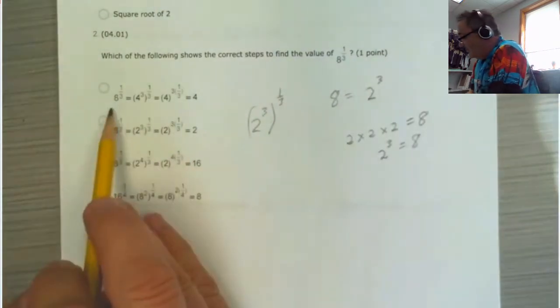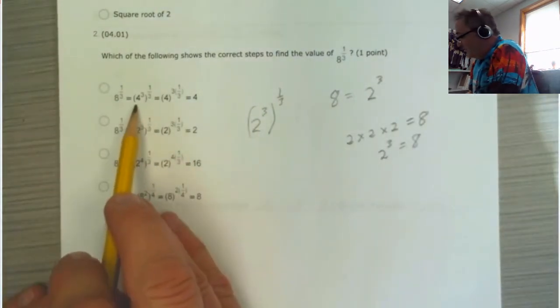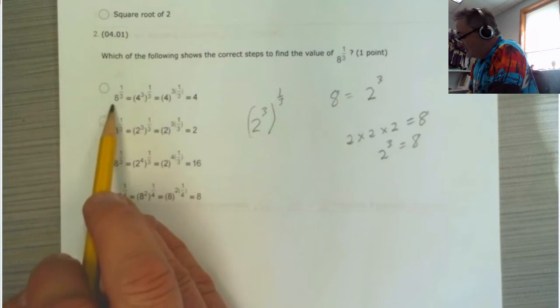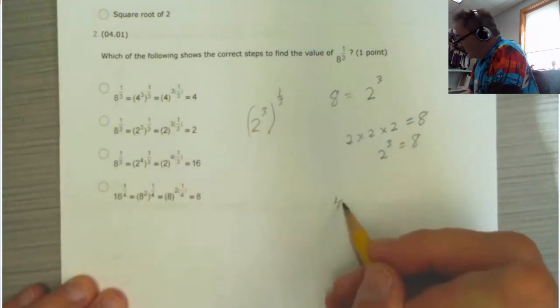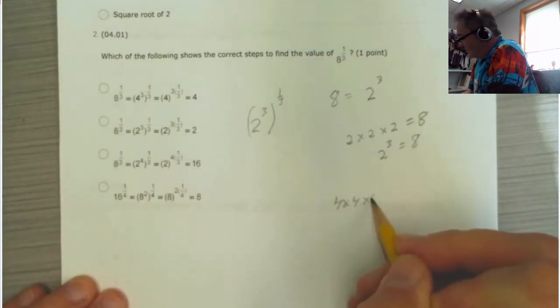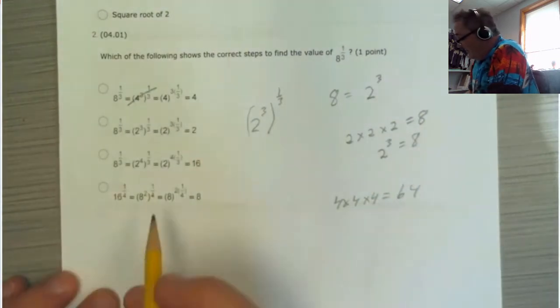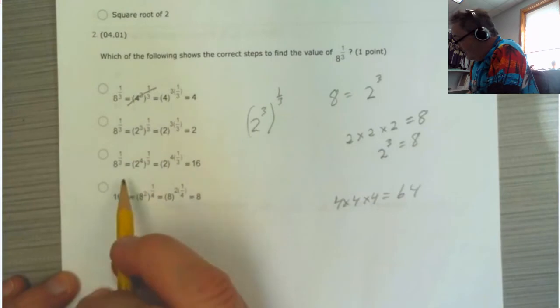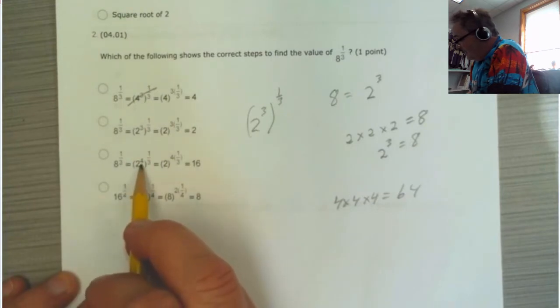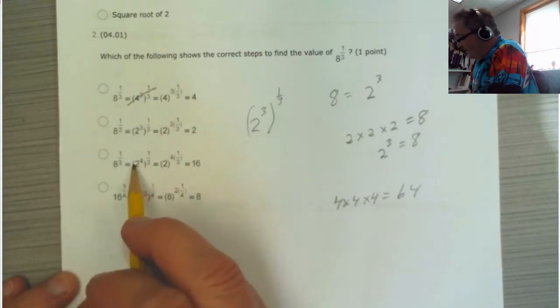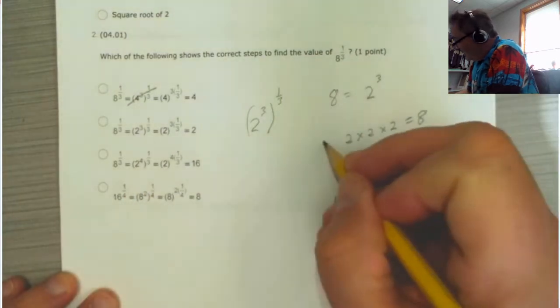So which one of them is doing that? That takes it to 4 to the 3rd power. 4 to the 3rd power does not equal 8, because 4 times 4 times 4 is 64. So that doesn't even equal 8. This has 2 to the 3rd to 1/3. This has 2 to the 4th. Now that'd be like they're saying 2 times 4 is 8, but 2 to the 4th would be putting another 2 out here.